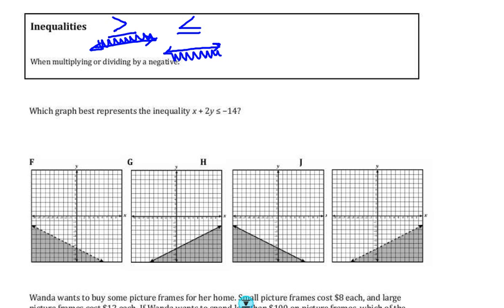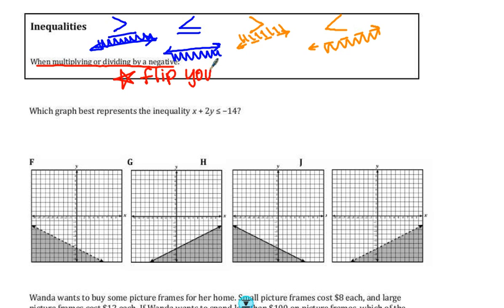If we have just greater than, it's going to be a dashed line, and we shade above, and if it's less than, it's going to be a dashed line, and we're going to shade below the line. All right, so write that however you need to write it. And then the most important rule is when multiplying or dividing by a negative, what do we have to remember? We need to flip that sign.